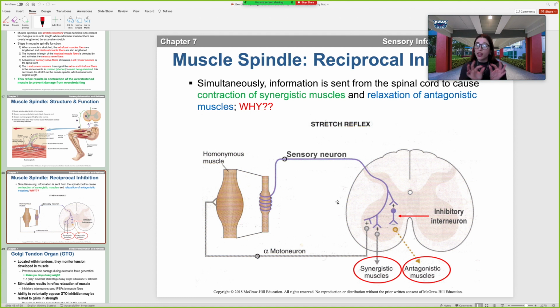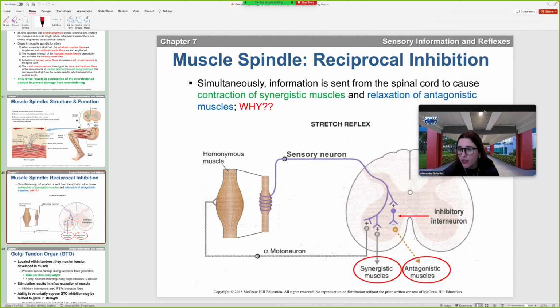So not just that one quadriceps, but all of the quadricep muscles together. And then we are also inhibiting the antagonistic muscles, the hamstrings, to allow the quadriceps to properly contract. They won't be able to properly contract if the hamstrings are activated, right?